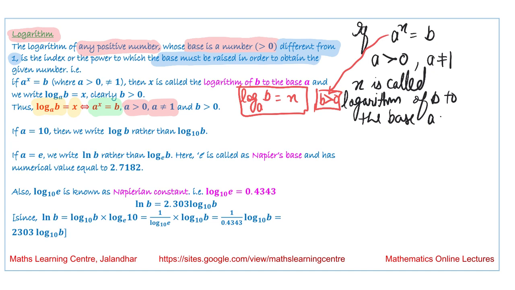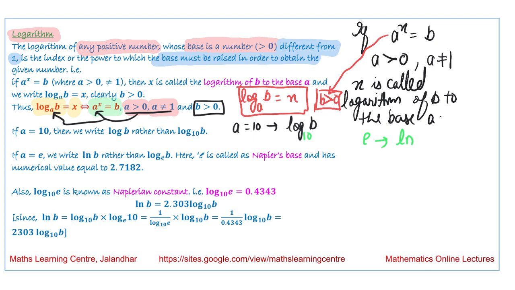We are saying a is called the base of the logarithm, and b is greater than 0. So if we take a is equal to 10, we write it like log of b. If it is log of b, it means the base is 10, and if it is base e, we write it in this form.